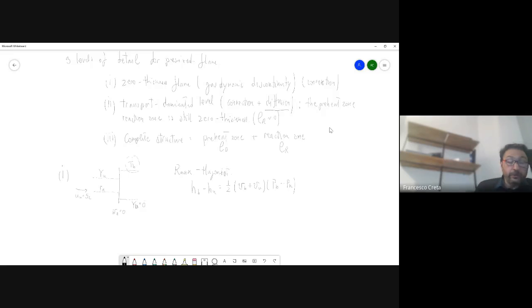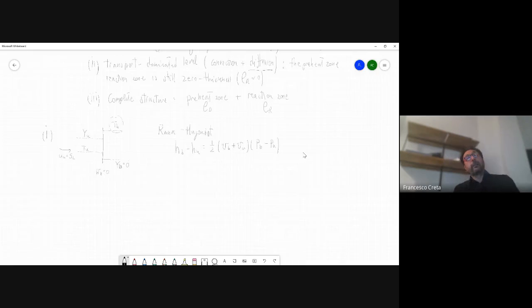Now, generally speaking, you will never neglect the difference in pressures. Think of a detonation, obviously. You cannot neglect this.